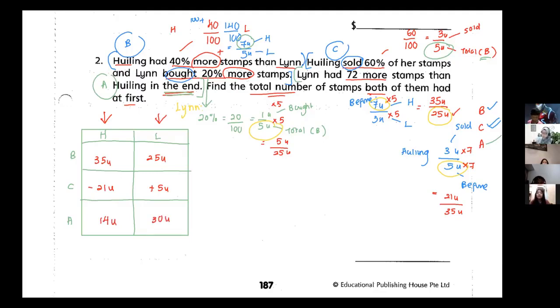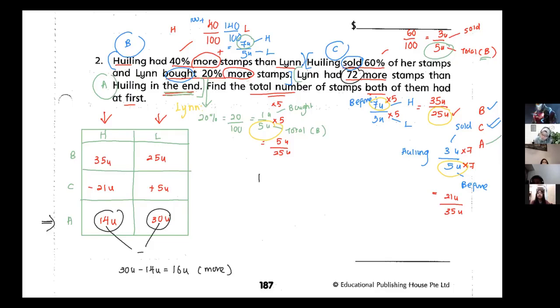Then we compare, because it said that in the end, Lin had 72 more stamps than Hui Ling. You look at Lin and Hui Ling, and Lin has more. How many more? You subtract to find the difference: 30 units minus 14 units equals 16 units. This 16 units is the comparison, which is 72.